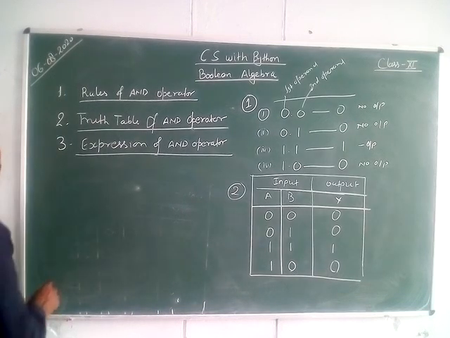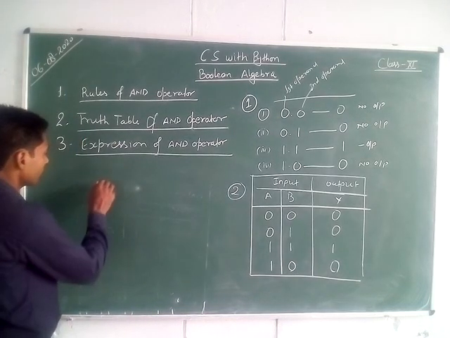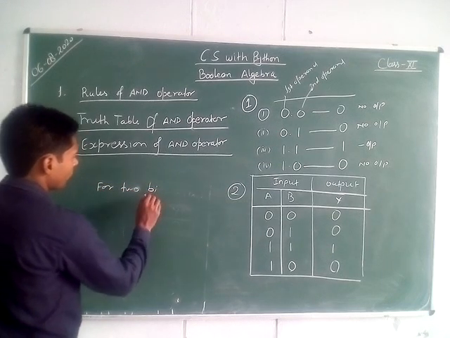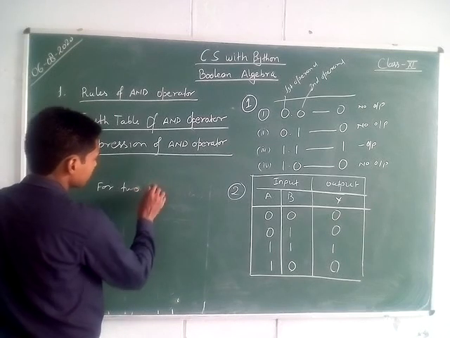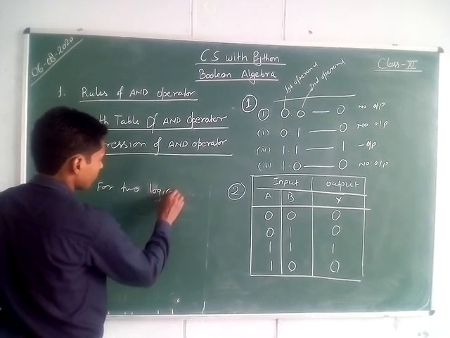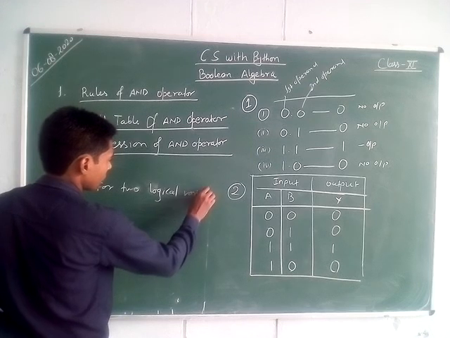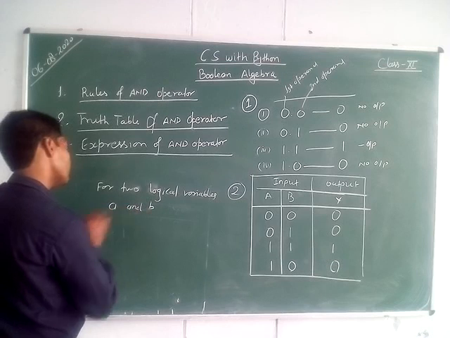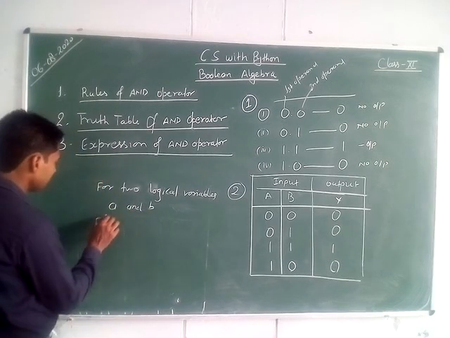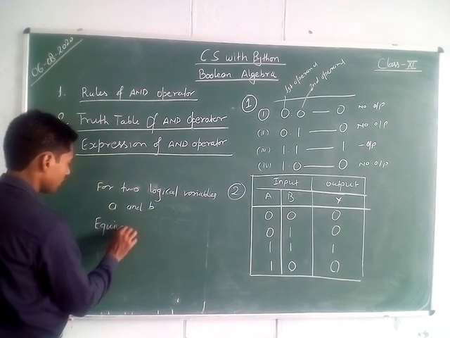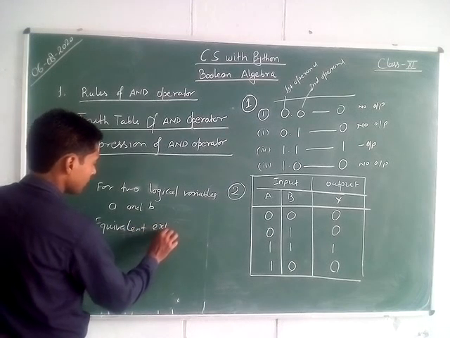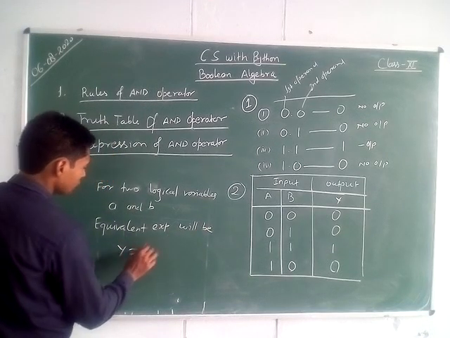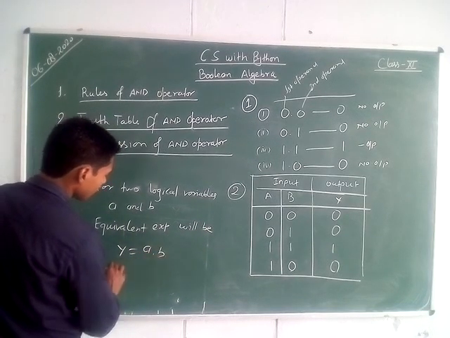If we have two binary variables or two logical variables, A and B, the equivalent expression will be Y is equal to A dot B.